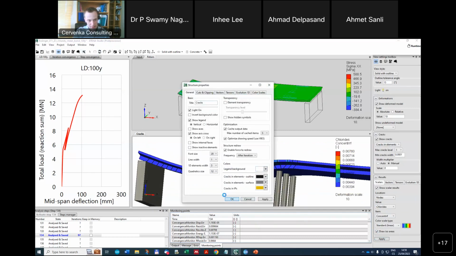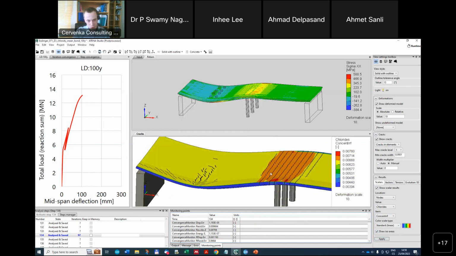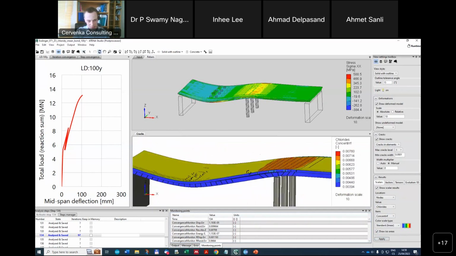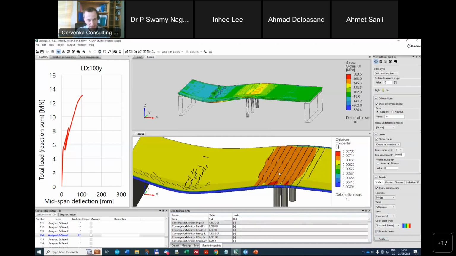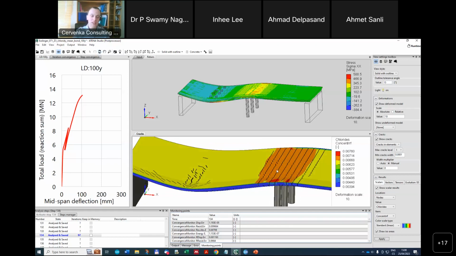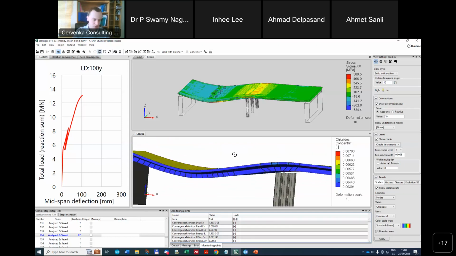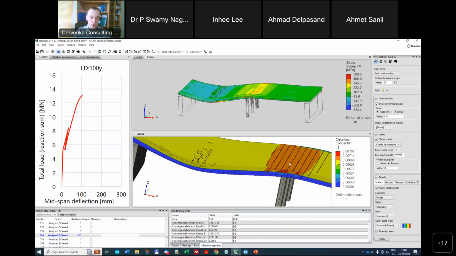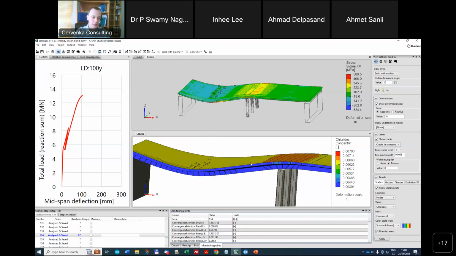We can see that the highest chloride content is above the middle support, because there were the higher chloride content and also the widest mechanical cracks, while at the bottom surface the chloride concentration is much less, mainly due to the lower chloride content at the boundary applied there.